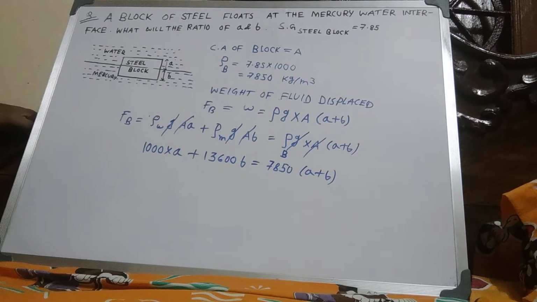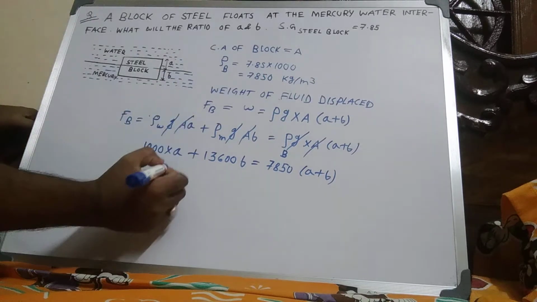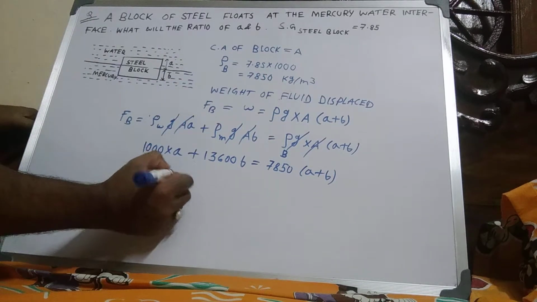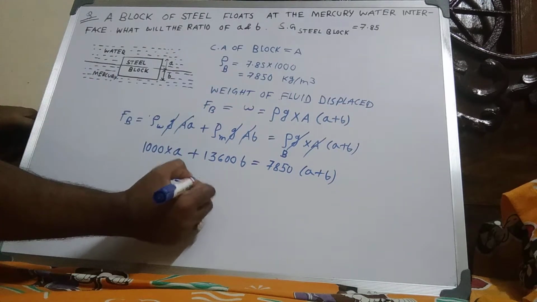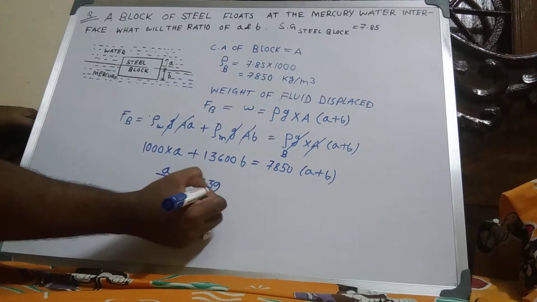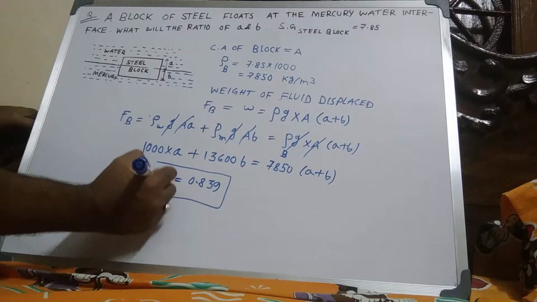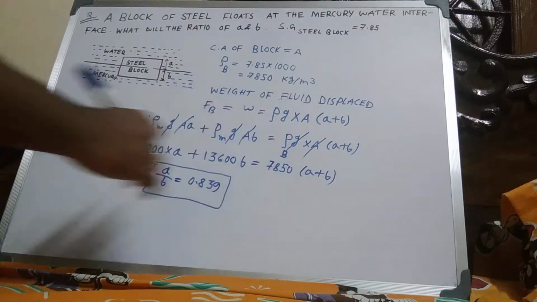Now calculating it, a divided by b is 0.839. This is very easy to calculate.